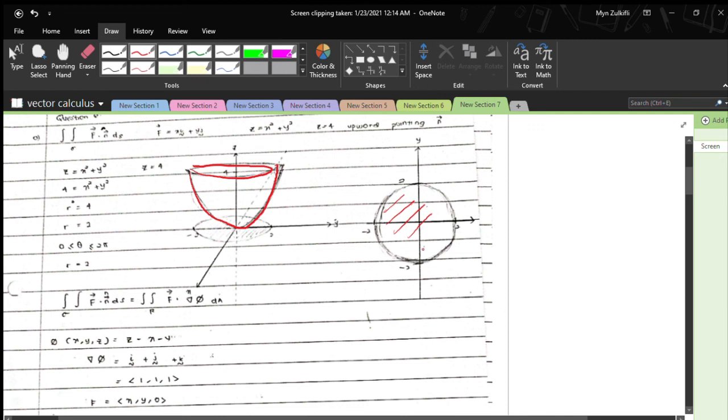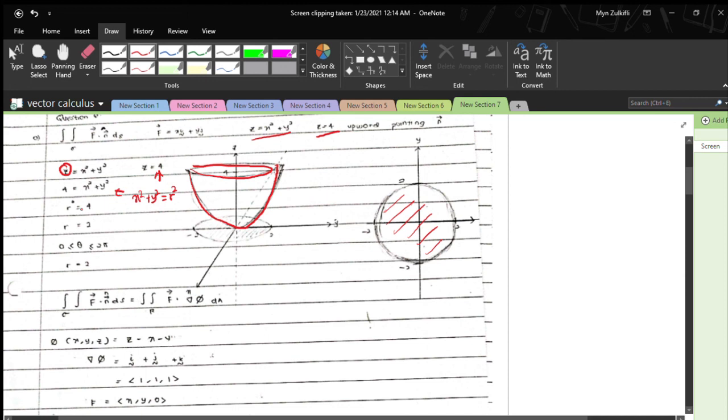So z equals x squared plus y squared equals z equals 4. We substitute the value of z with 4, and we find that 4 equals x squared plus y squared. You know that the general formula for a circle is x squared plus y squared equals r squared. So r squared equals 4 and r equals 2.